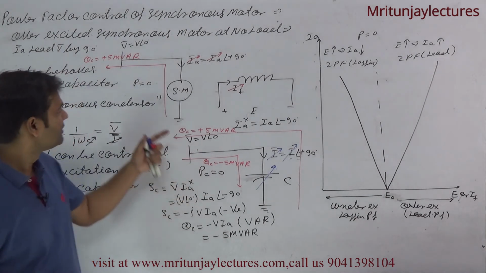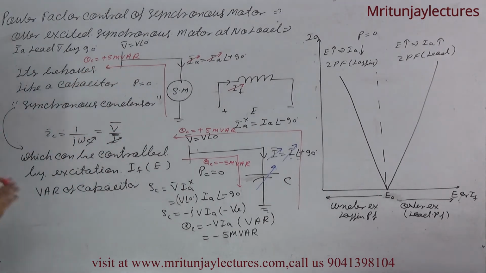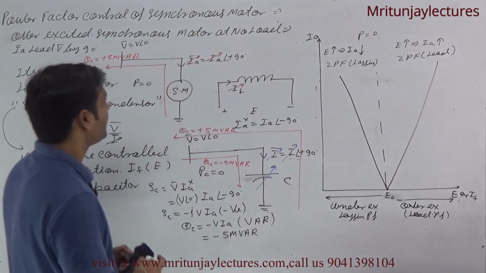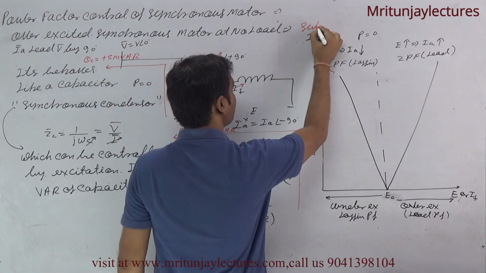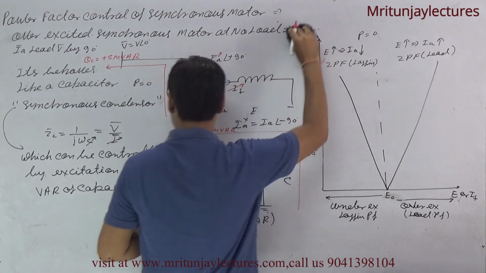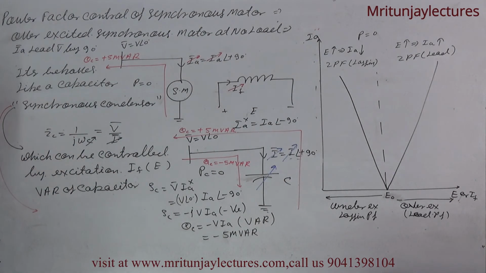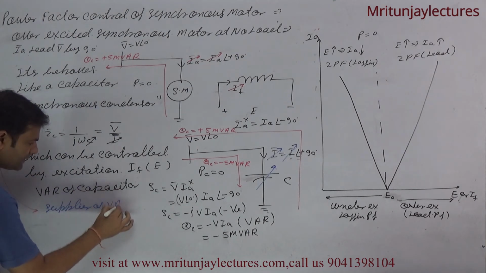That's why QC written as plus 5 MVA means it behaves as a supplier of VAR.